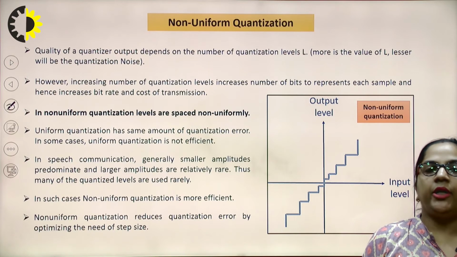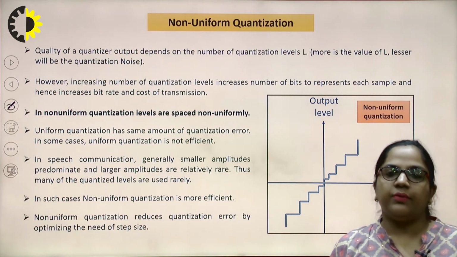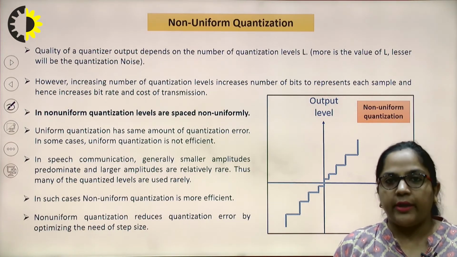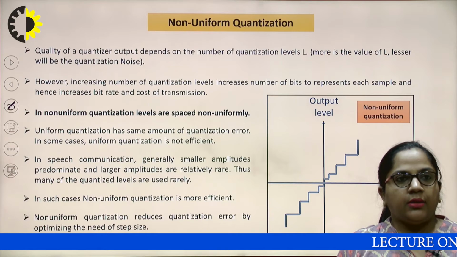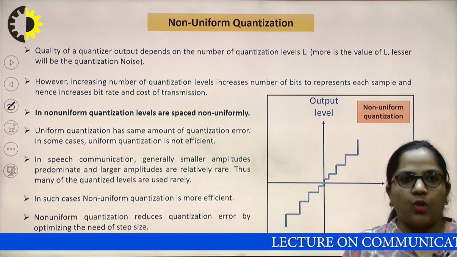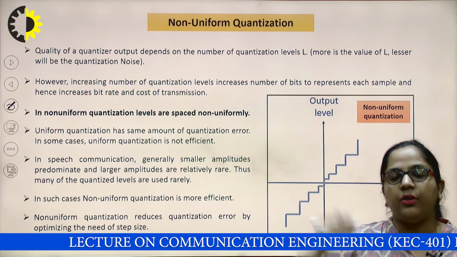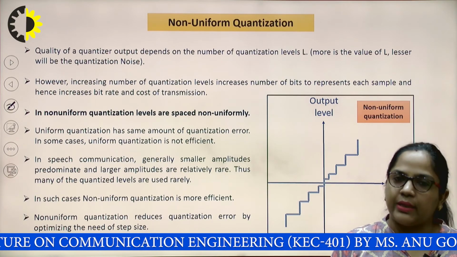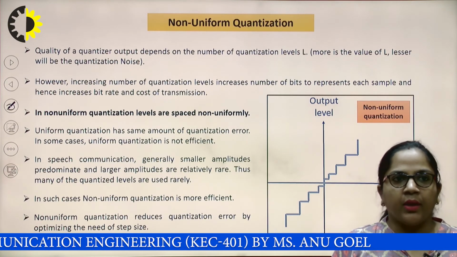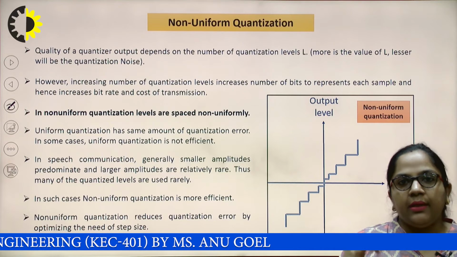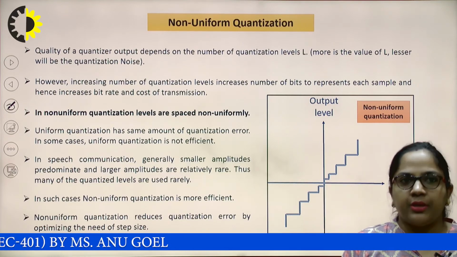The next is non-uniform quantization. First of all, why do we require non-uniform quantization? If we already have uniform quantization, the quality of the quantizer output depends on the number of quantization levels. The more levels, the lesser the quantization noise in general.